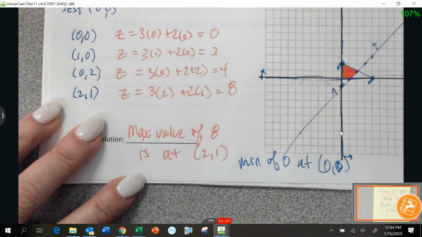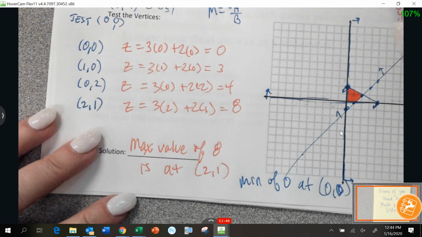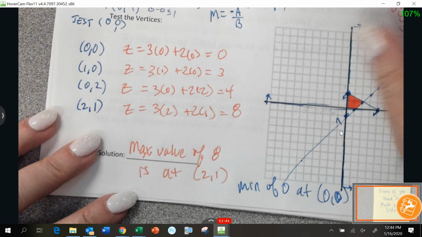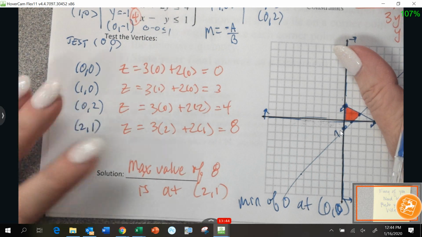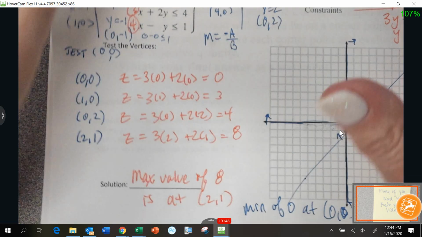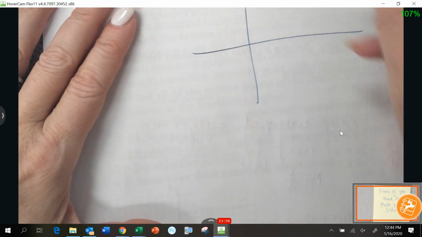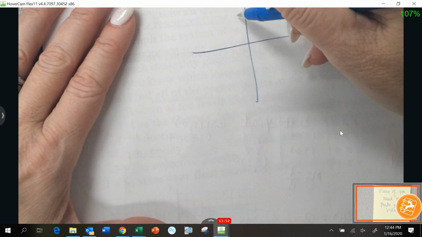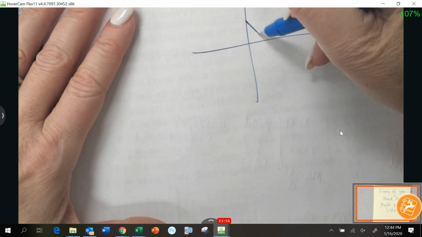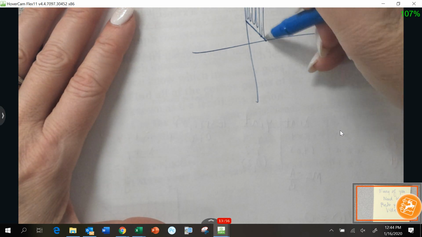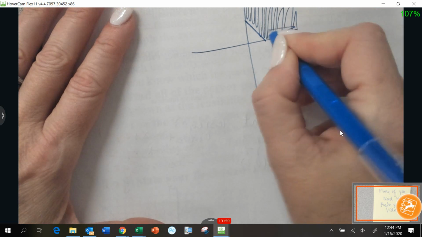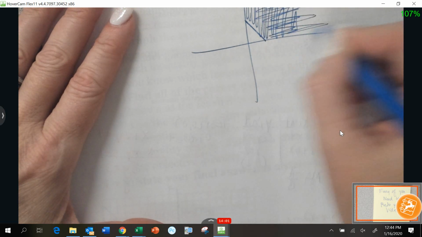Okay. And then I just said there is a time where one of these vertices won't give you the answer. I'm just going to sketch it really fast. This is like the final shaded region.